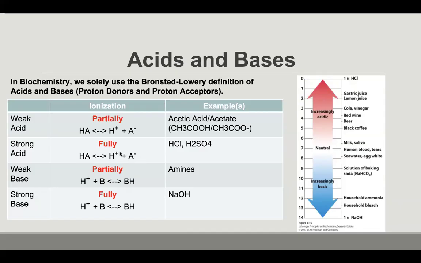So that's what ionization means, mostly because of the positive and negative charges that those atoms have. It's because of how electronegative the atoms are. Chlorine is extremely electronegative. It'll break apart from hydrogen individually because it's a strong acid. Thank you.